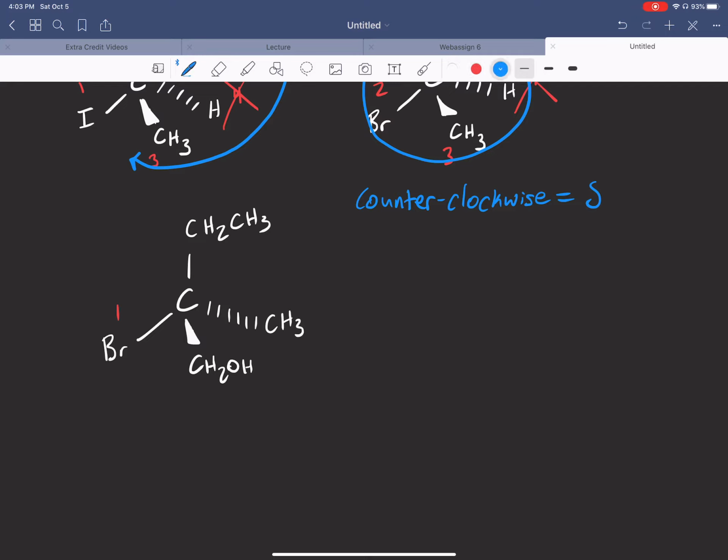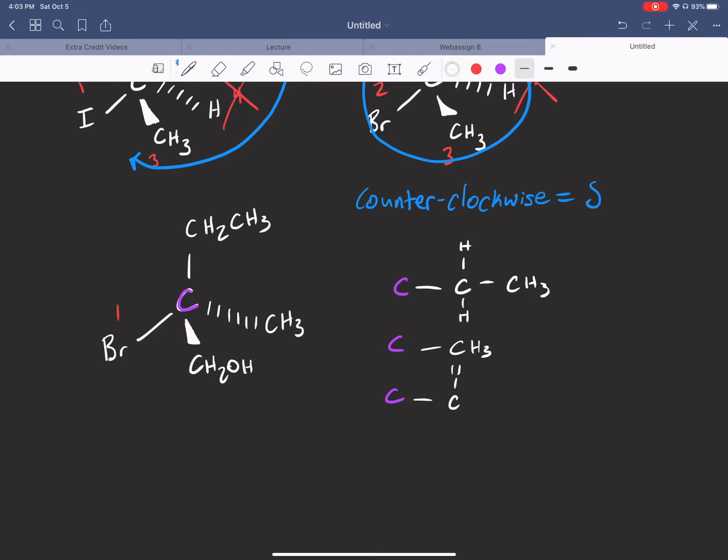So let's draw this carbon in purple here. All right? And so I'm going to look at all 3 groups. So over here we have a carbon, hydrogen, hydrogen, CH3. Then this one is going to be just CH3.